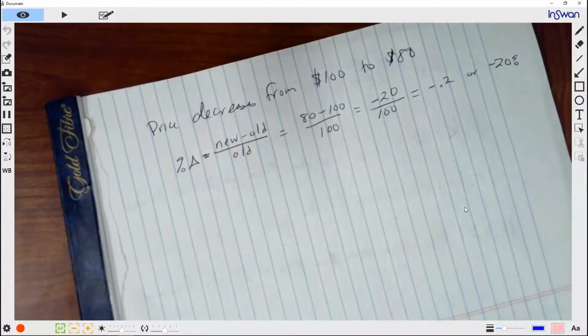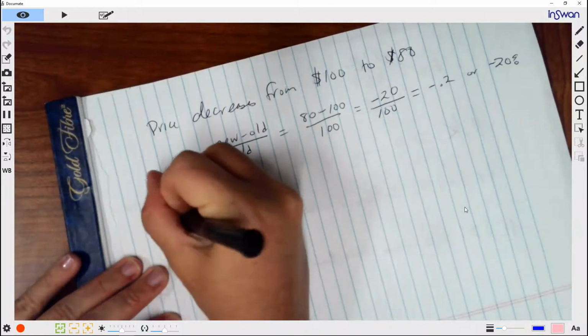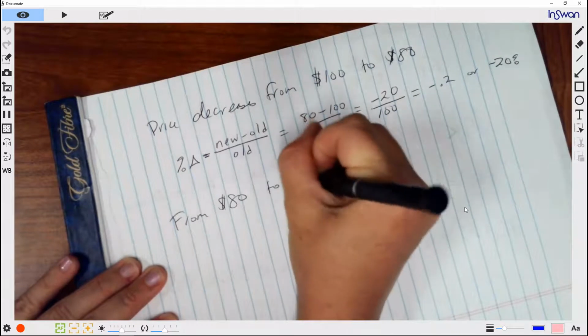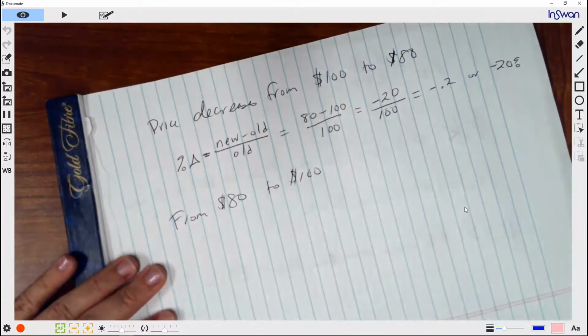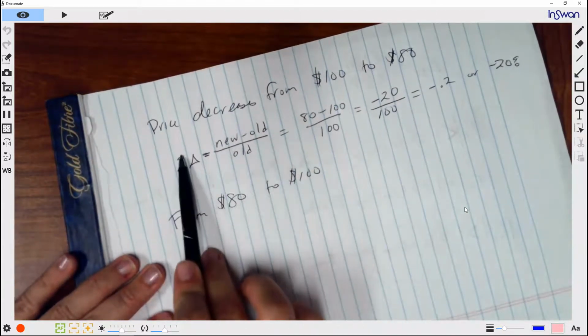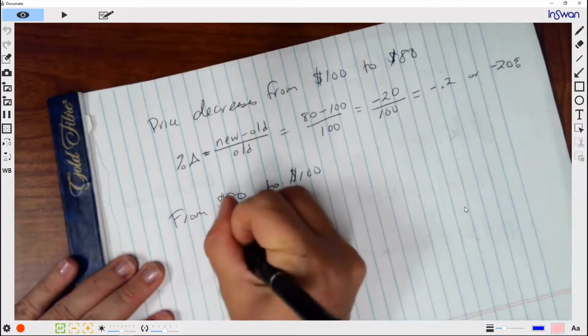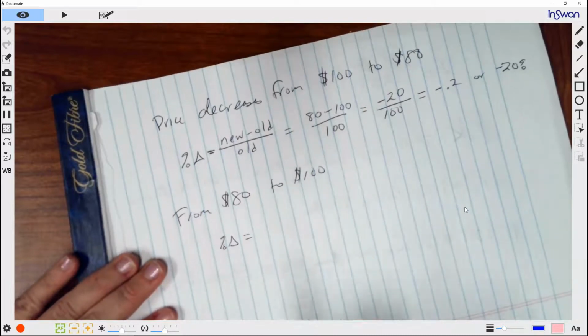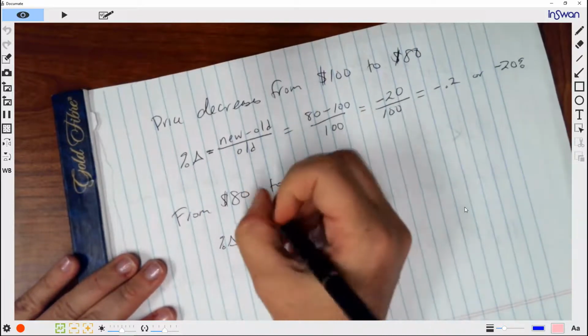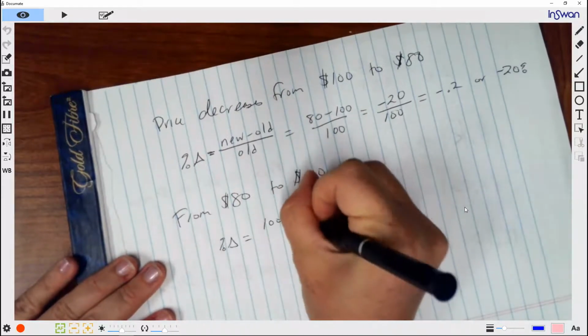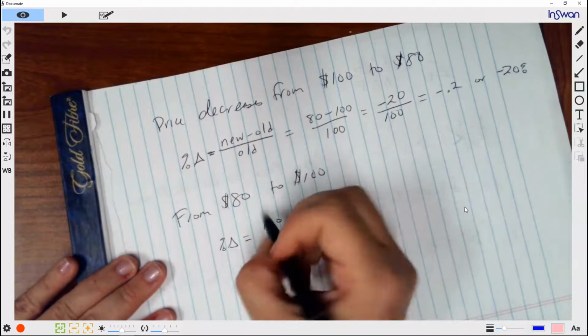Okay? What if instead the price went up from 80 to 100? So from 80 to 100. Now let's use our same mathematician's equation to calculate the percent change. Our percent change now is going to be new. Now the new number is 100 minus our old number is 80, because we went from 80 to 100, right?